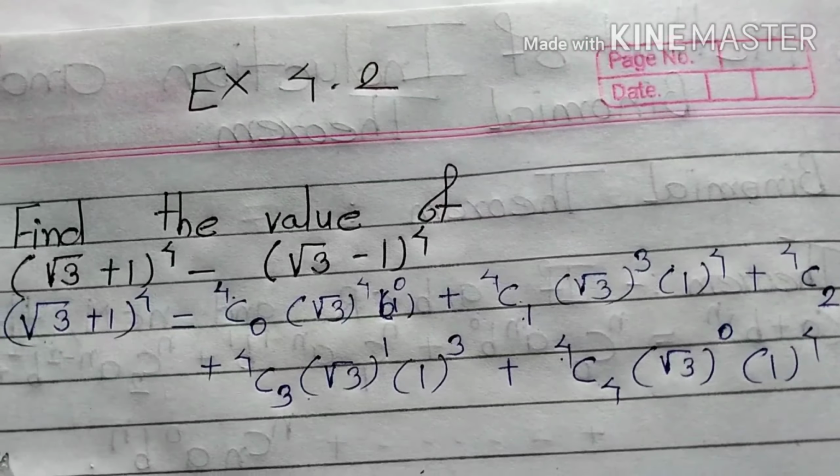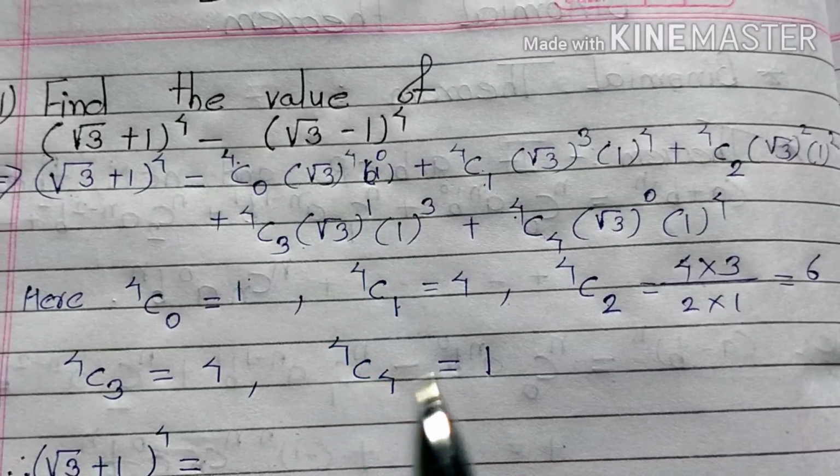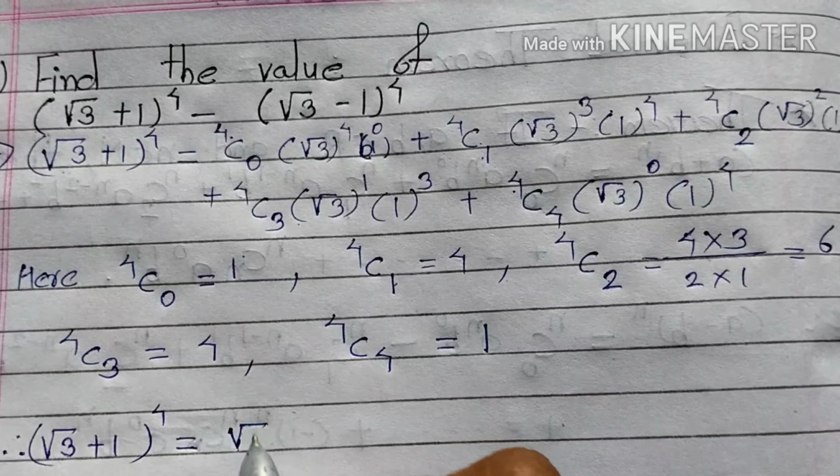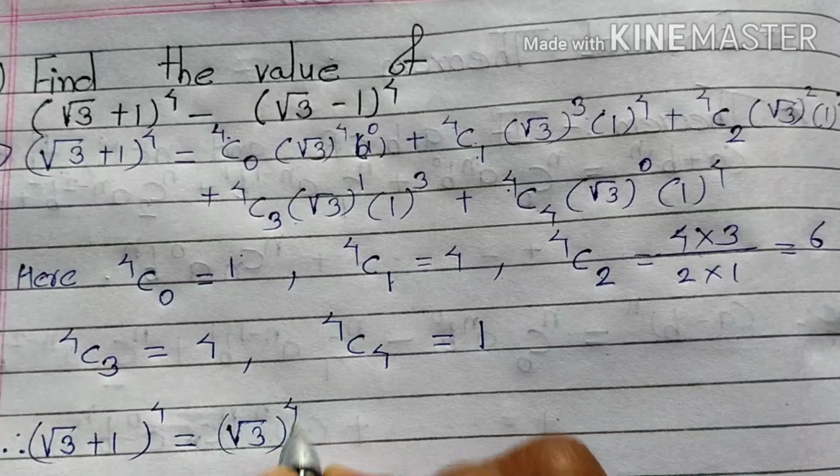So put all those terms, and we get (√3 + 1)^4 equal to, now 4C0 is 1 and (√3)^4, keep it as it is.